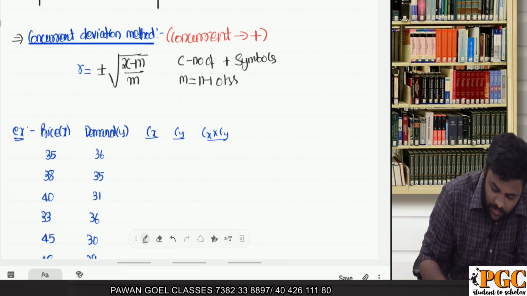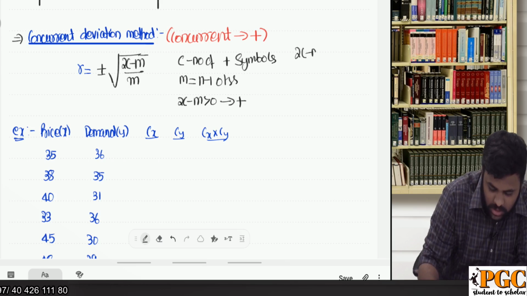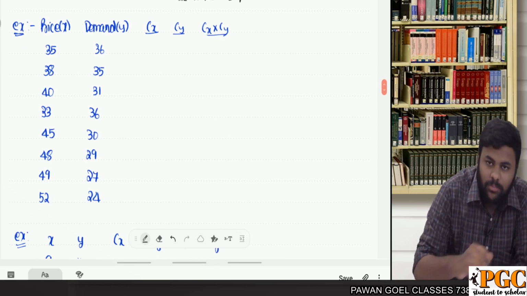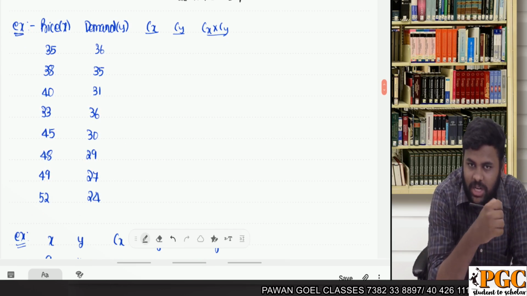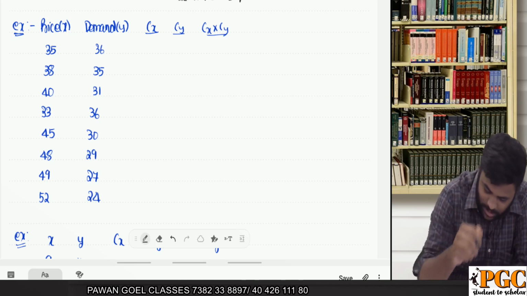If 2c minus m is greater than 0, outside symbol would be positive. If 2c minus m is less than 0, outside the symbol would be negative. Let us try to understand with one basic example.